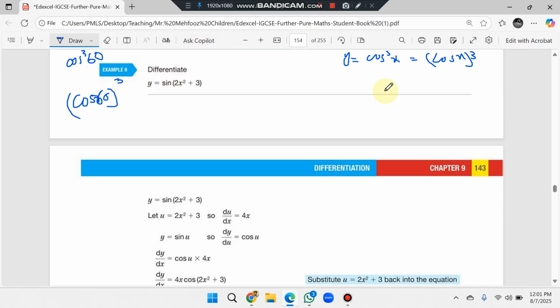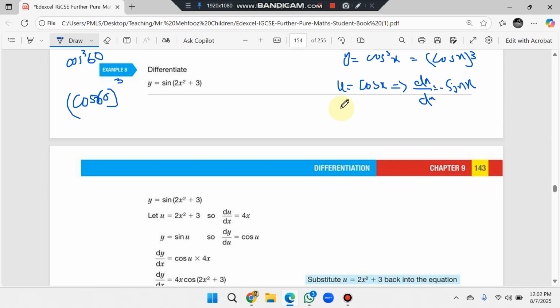So after that, here you can write it as (cos x) cube. Now let u equal cos x. And also from this you can find du by dx, which is equal to the derivative of cos, which is minus sine x.